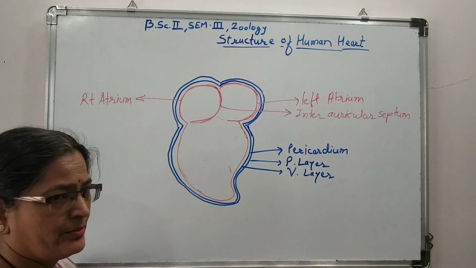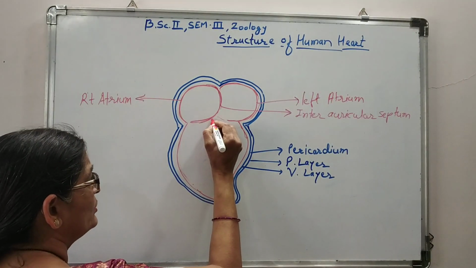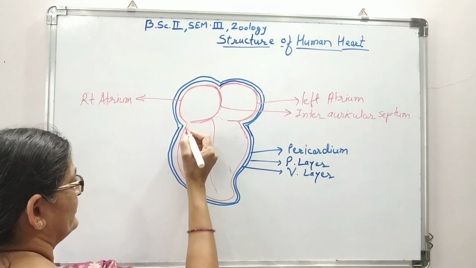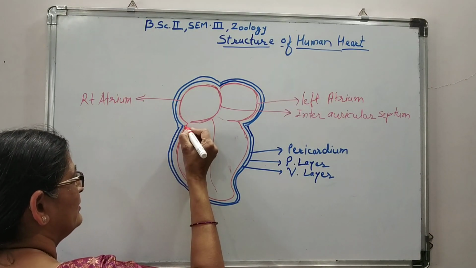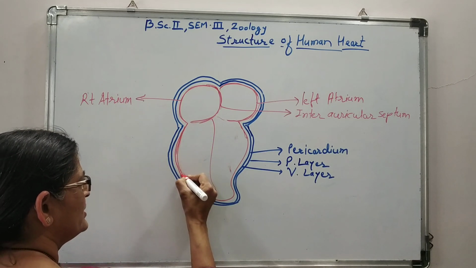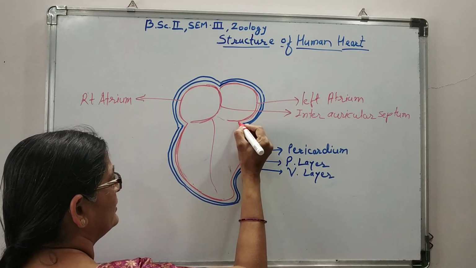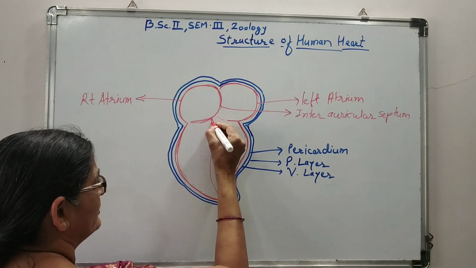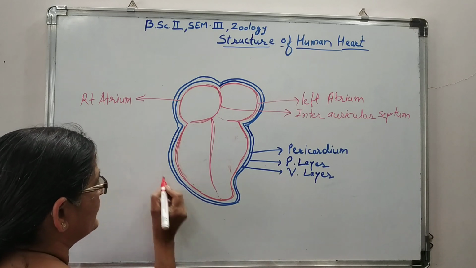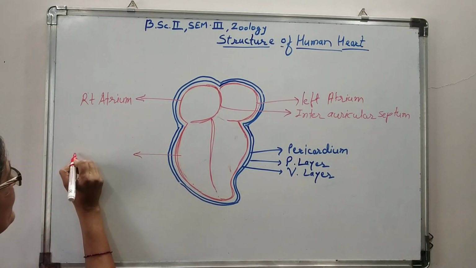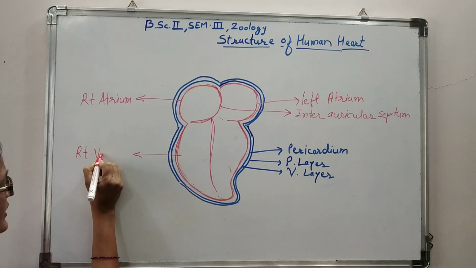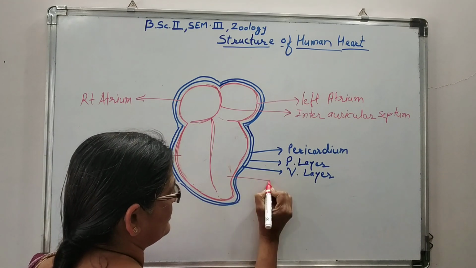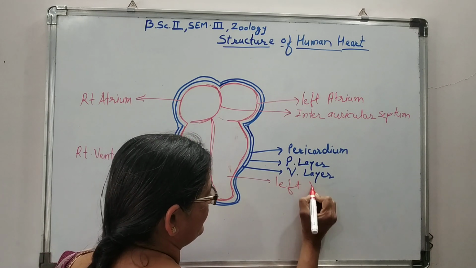Now see the lower chambers. These lower chambers are known as ventricles. On the right side, the larger chamber is the right ventricle, and this chamber is the left ventricle.